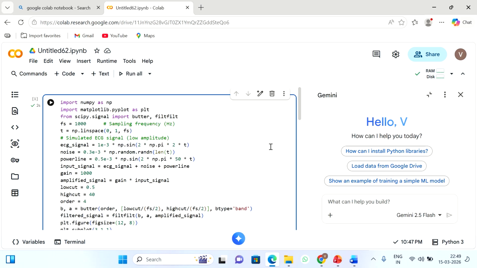Hertz means samples per second. This creates a time array from 0 to 1 second with 1000 points.